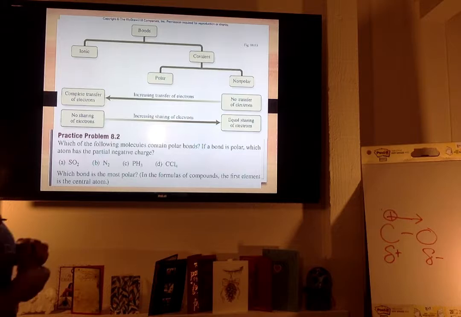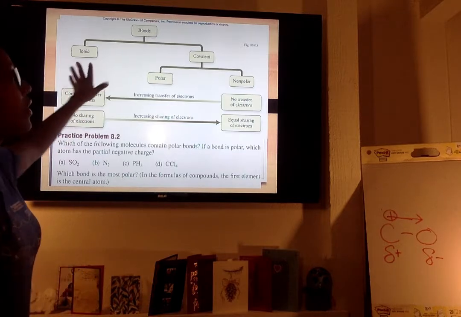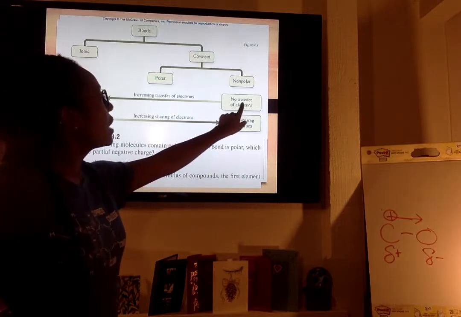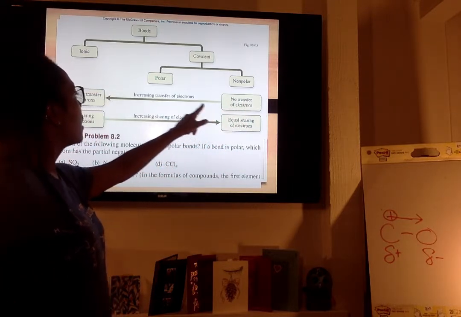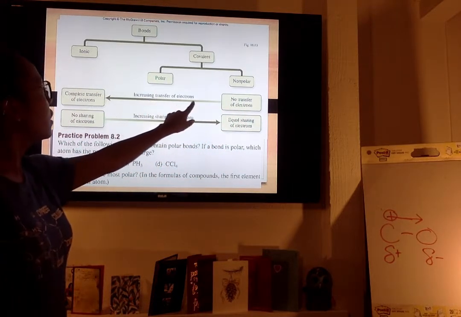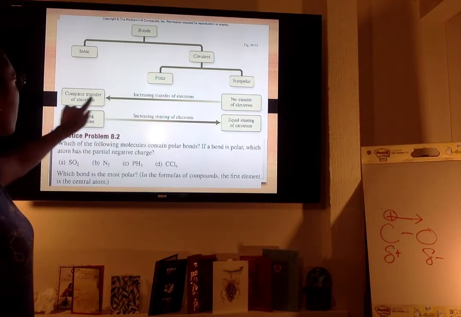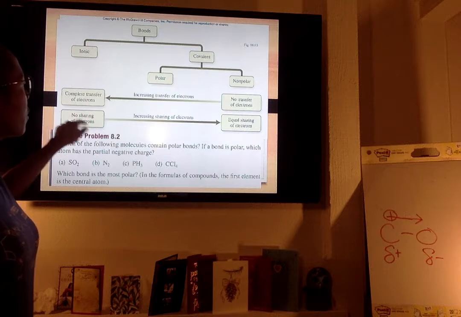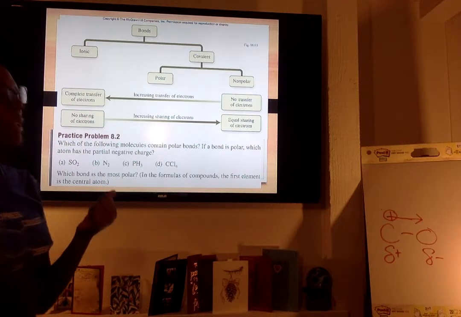Okay, so once again, these are just different ways to look at all of this stuff. There is no transfer of electrons, then an increasing transfer of electrons, and then that goes to a complete transfer of electrons. That's ionic.